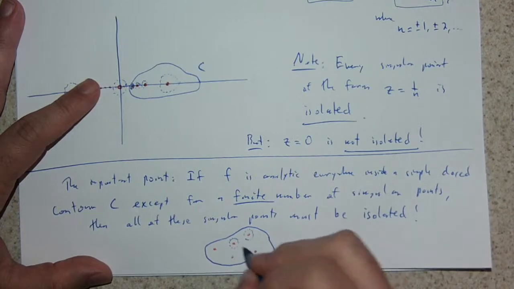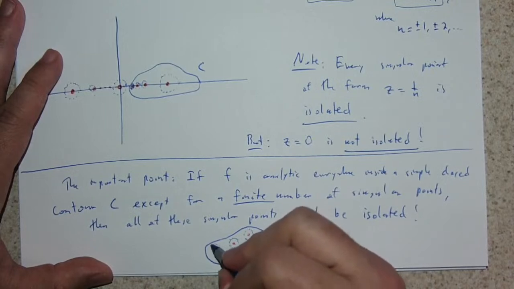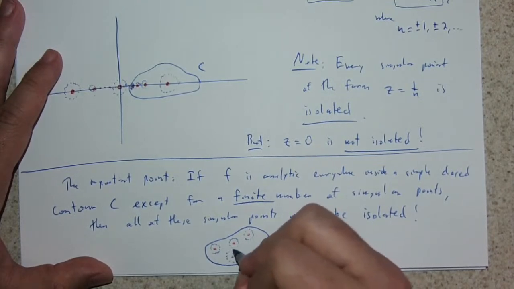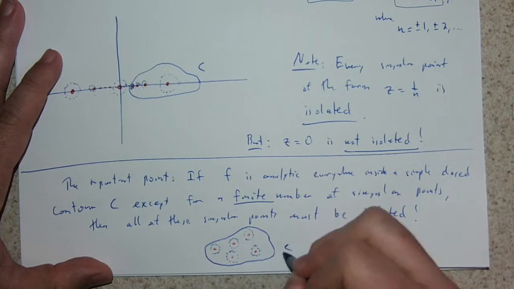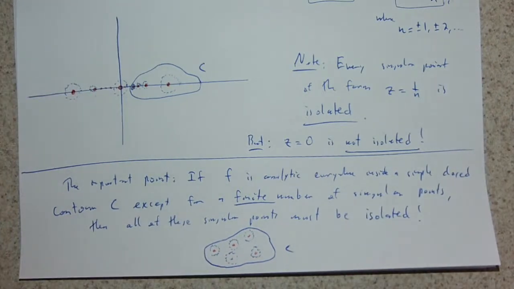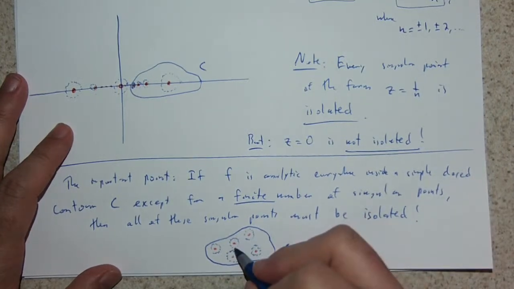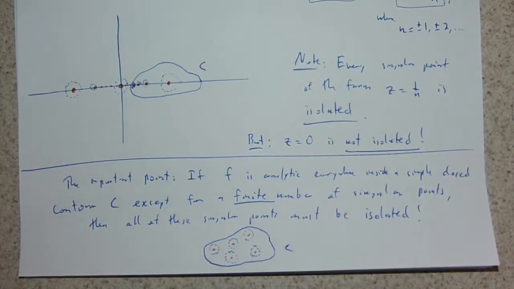If one deleted neighborhood exists, then infinitely many do, since you can just keep shrinking the radius. So eventually I can come up with radii for all of these such that all of them fit inside C and they're isolated, because I can shrink and shrink. Even if I found one that's inside of C but contains other singular points, I can just make it smaller until it doesn't. That's what's being said here.